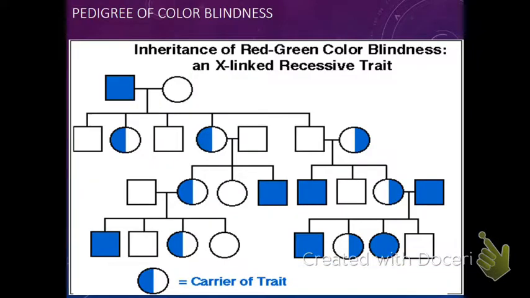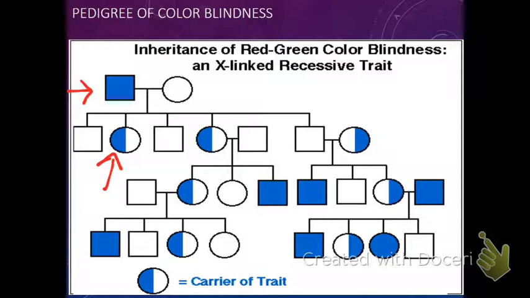Okay, so when we're looking at the pedigree chart, notice what gender is mostly affected by color blindness. Now remember, if they are affected with a particular trait, they are going to be in a solid color. If it's half and half, that shows you a carrier. Our squares are males, circles are females.